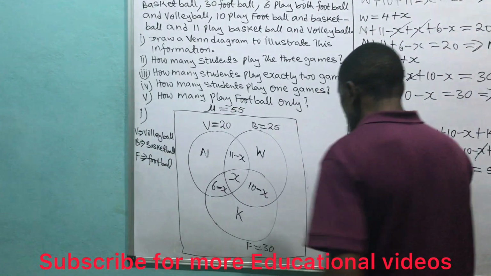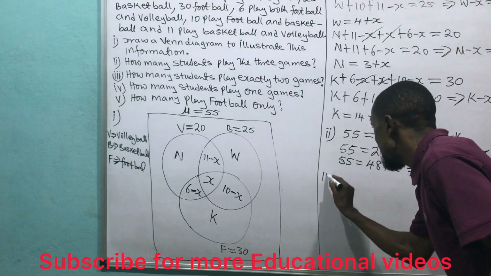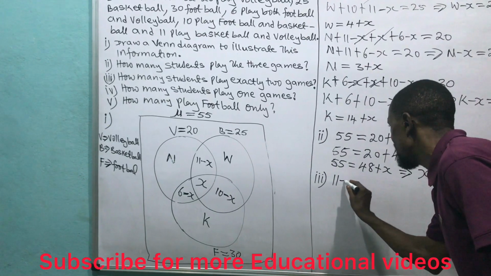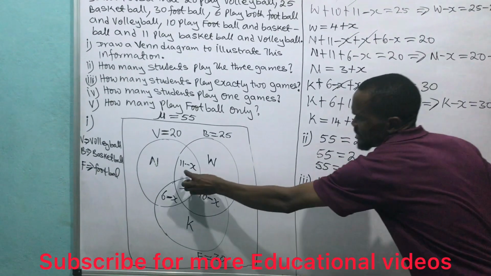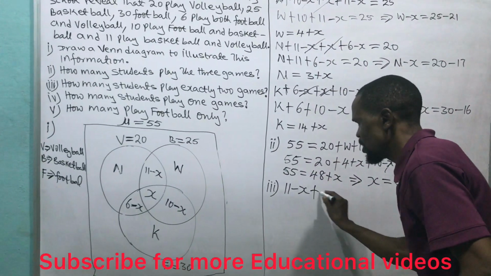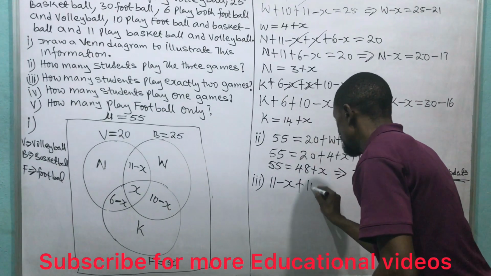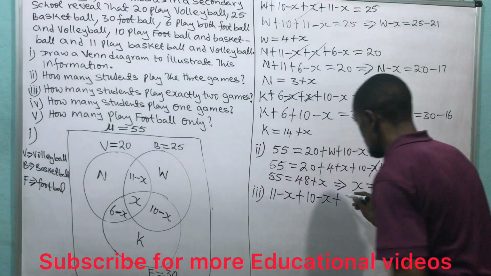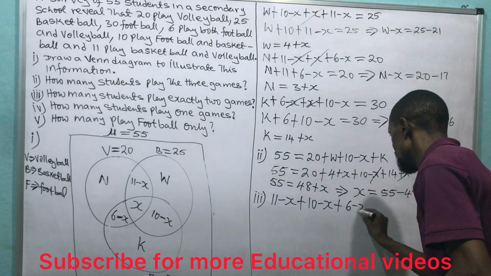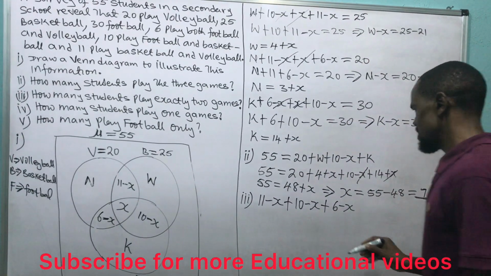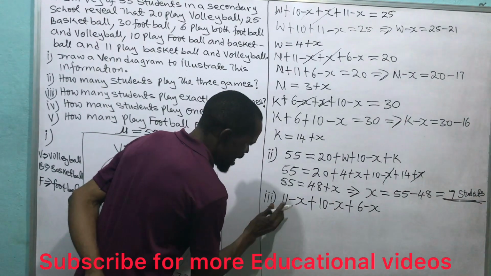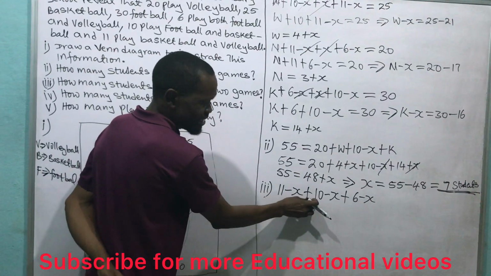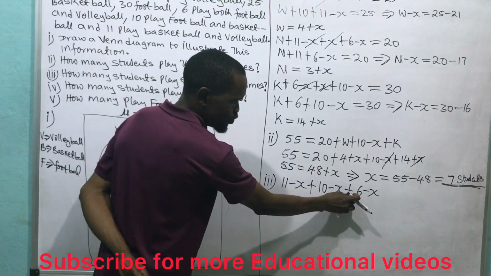So I will have x, 11 minus x played exactly 2 games, plus 10 minus x played exactly 2 games, then plus 6 minus x played exactly 2 games. Then summing it up, I have 11 plus 10 gives me 21, and that gives me 27.